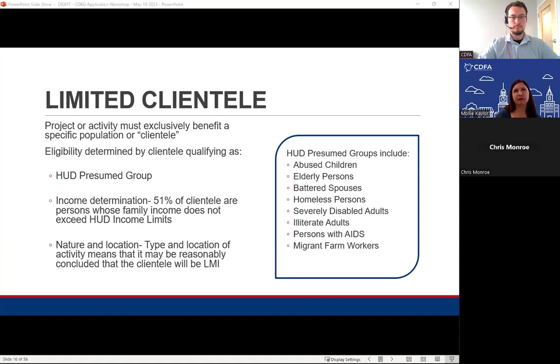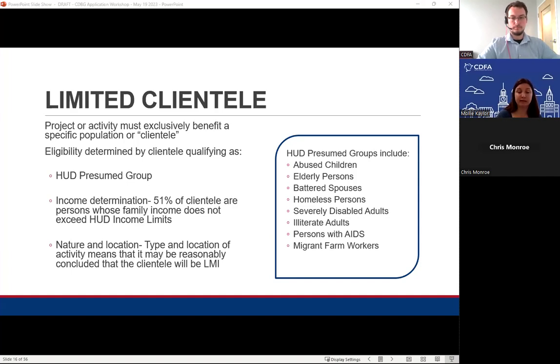Say there's a low-income housing development, and there's a childcare facility inside it that serves the residents of that development. That would be such an activity that might be able to use nature and location. Again, more information about limited clientele can also be found in that implementation guide that I referenced.